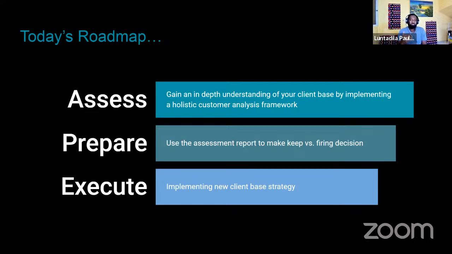Because the type of clients we have are typically going to bring similar types of clients. If you build your business with clients who are giving you a lot of headaches, their network is more likely made up of people like them, and they will refer your business to other people like them, and therefore they can compound the smaller problems you have today. So we're going to look into that.